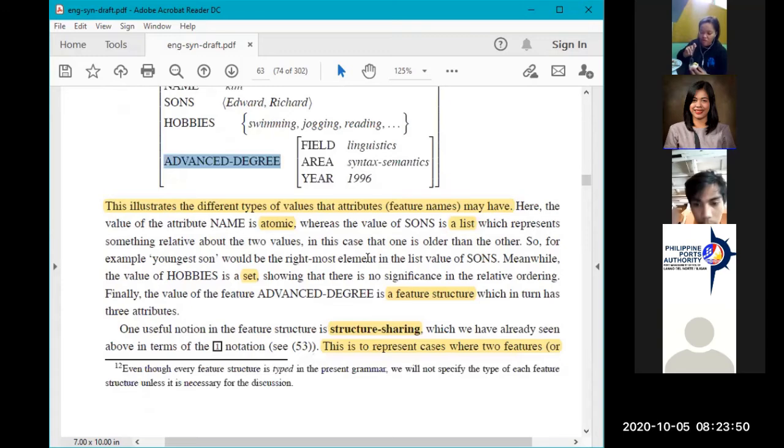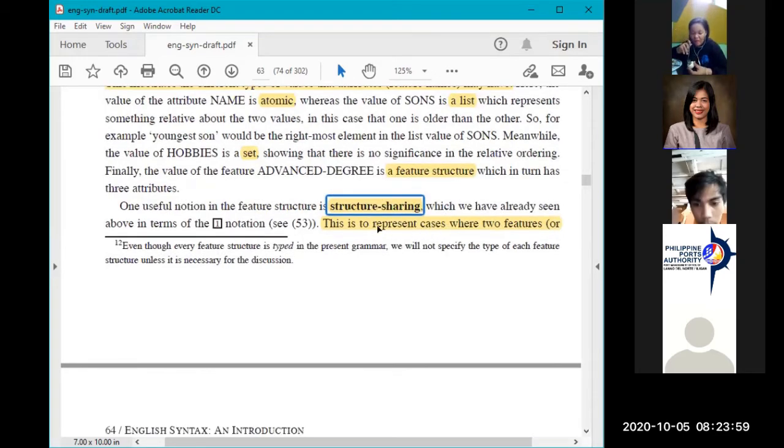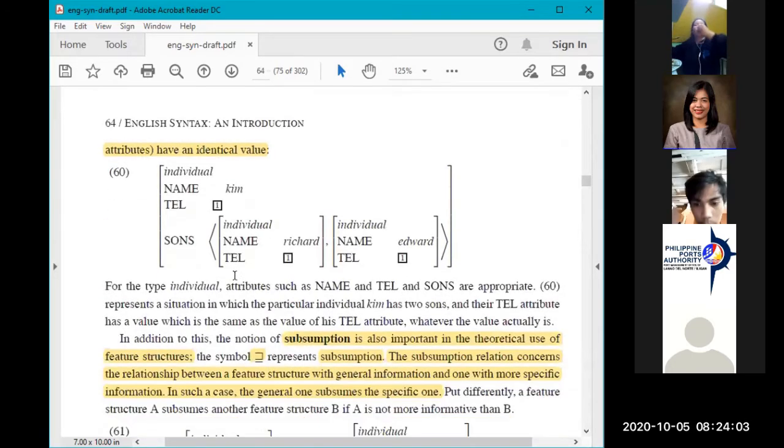We also have this notion in feature structure called structure sharing, which is used to represent cases where two features or attributes have identical value. For example, we have the same feature structure for individual.